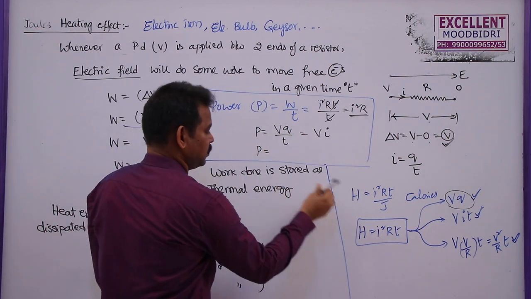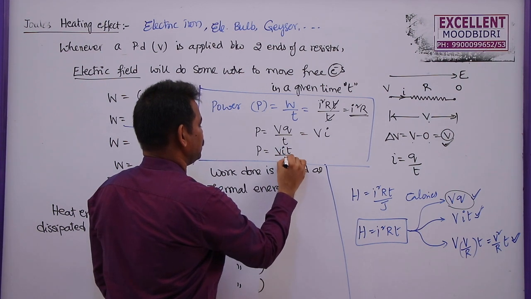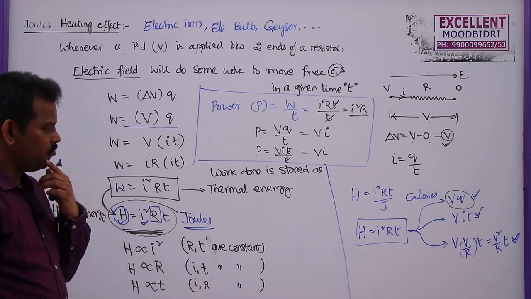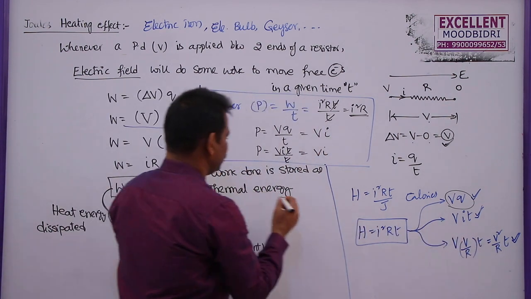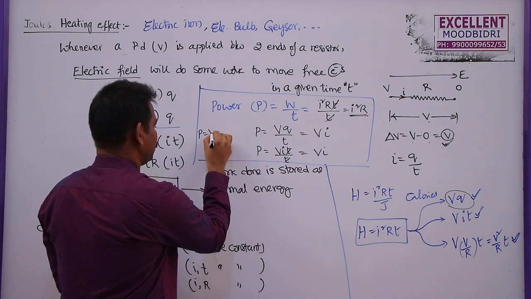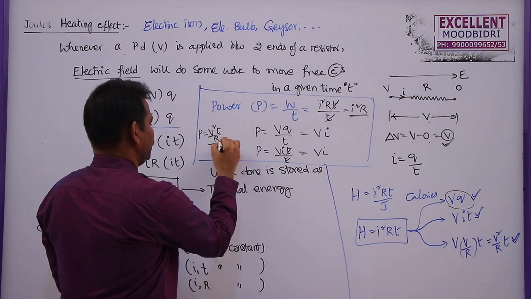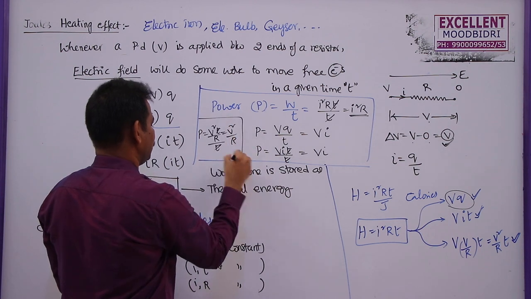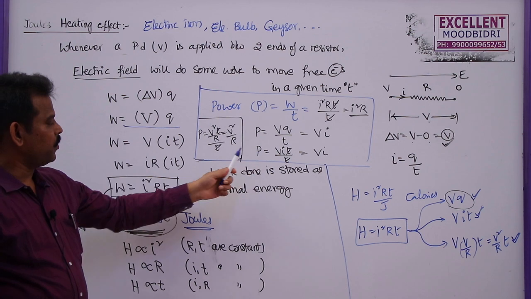One more expression VIT by T. VIT by T, T and T cancel. So here also I am going to get the same expression VI. And one more equation V square by RT. So instead of this I am going to write here V is equal to work done, V square T by R by T, T cancels, V square by R. So these are the different expressions that can be used to find out the power.